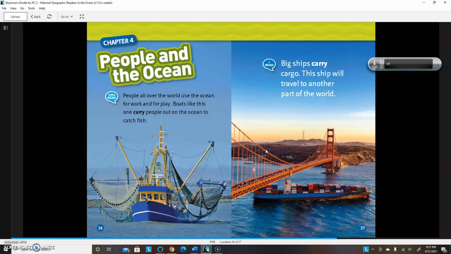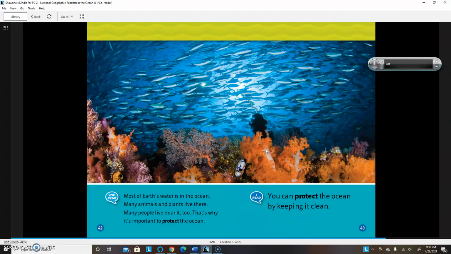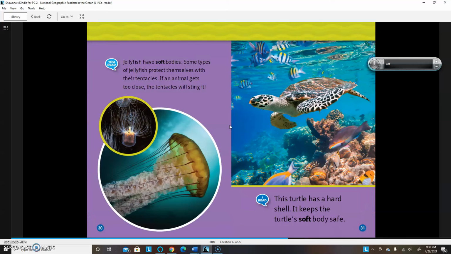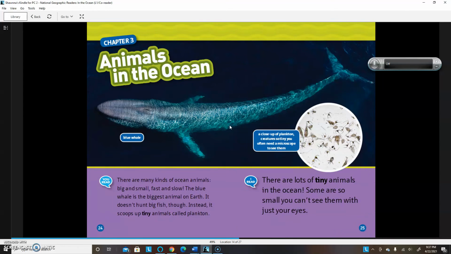So let's say I'm going to write a question to answer in the next step. I would choose, say, a blue whale. We have this caption, blue whale, right here, and it's paired with this picture of this really big looking whale. And it's underneath the subtitle, Animals in the Oceans. So maybe I want to answer, why is the blue whale important?